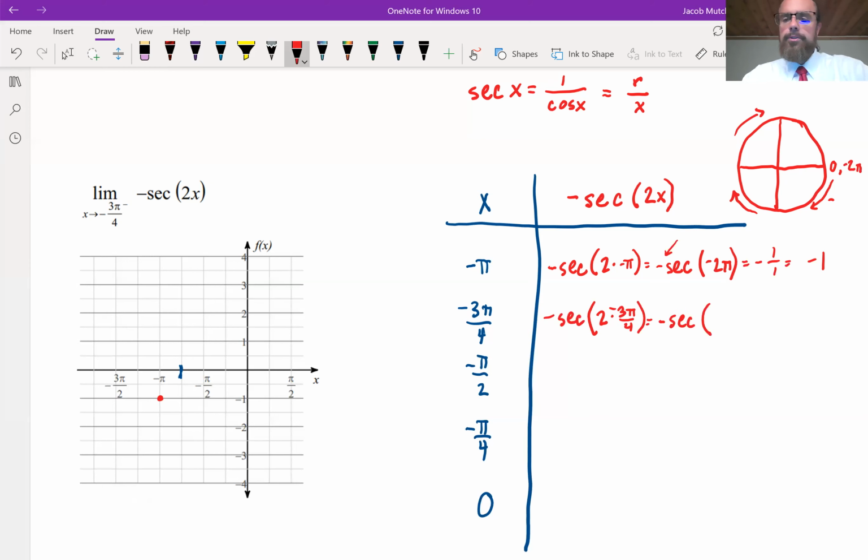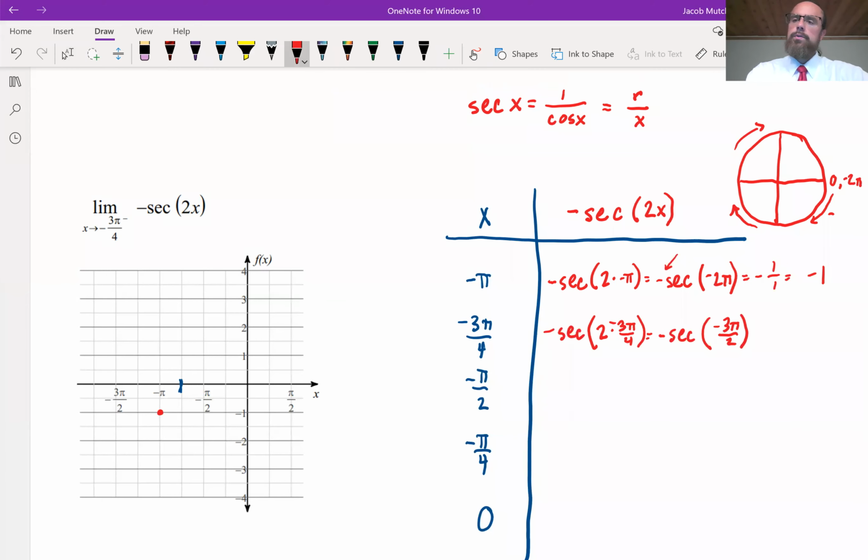Now, if I multiply 2 times negative 3 pi over 4, that's negative 3 pi over 2. So if I think in terms of my unit circle, I'm really backing up to what we would usually call pi over 2 or 90 degrees. But since I'm going in the negative direction, that's negative 3 pi over 2.